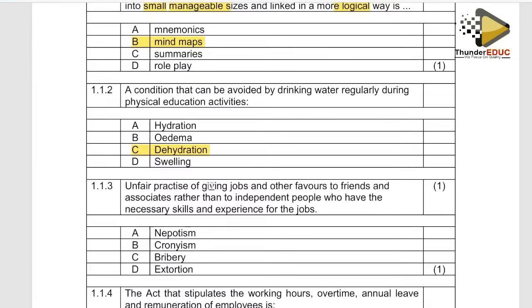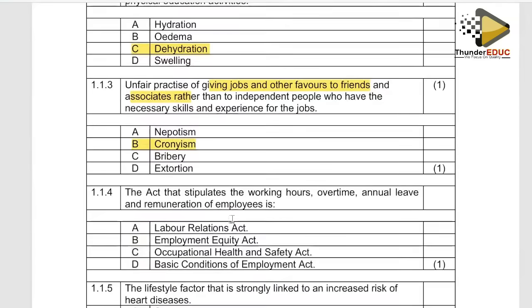The unfair practice of giving jobs includes giving jobs and favors to friends and associates at the expense of people who have necessary skills and experience for the job. Such a practice is known as cronyism, simply because friends and associates are known as cronies. This practice is a type of fraud, or rather a type of corruption, known as cronyism.